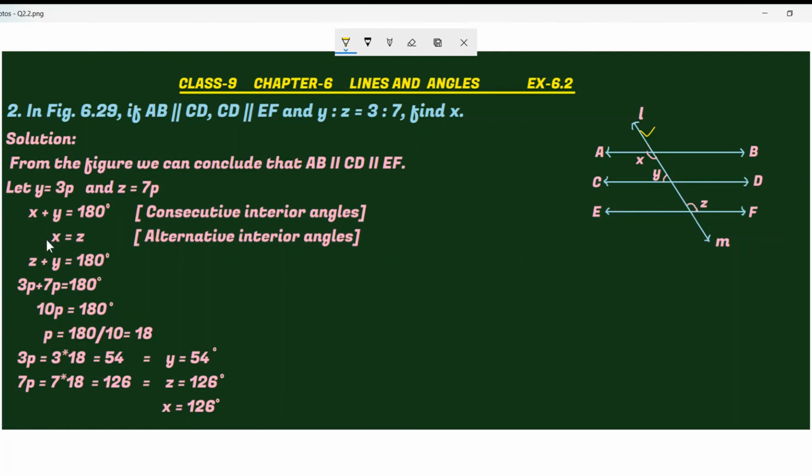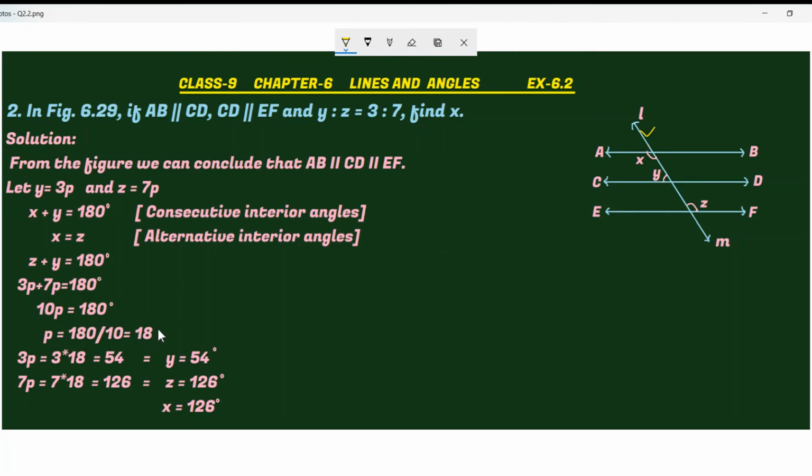So instead of x, I can write z. So z plus y is equal to 180 degrees. Z is 7p and y is 3p. So 3p plus 7p is equal to 180 degrees. Adding these, I get 10p is equal to 180 degrees. From this equation, p is 18 degrees.